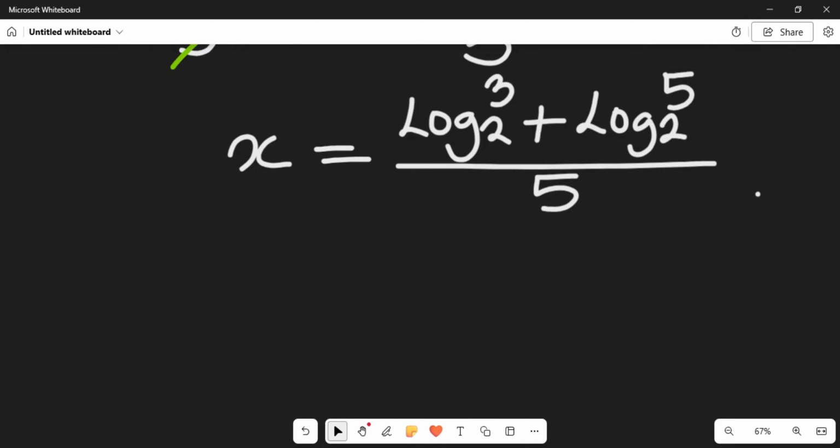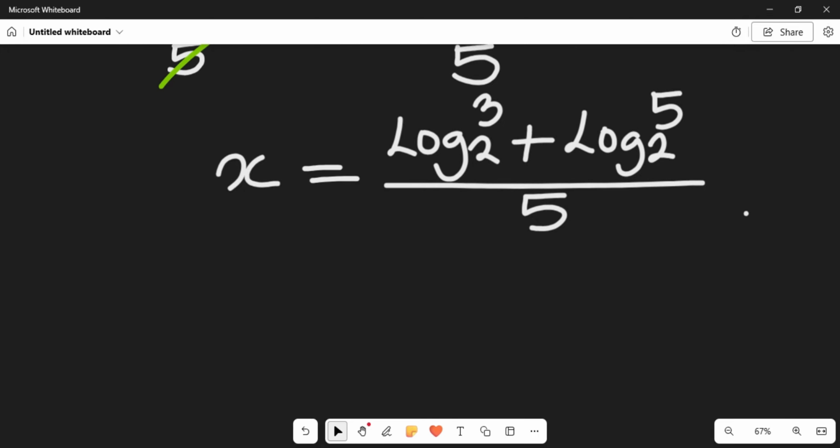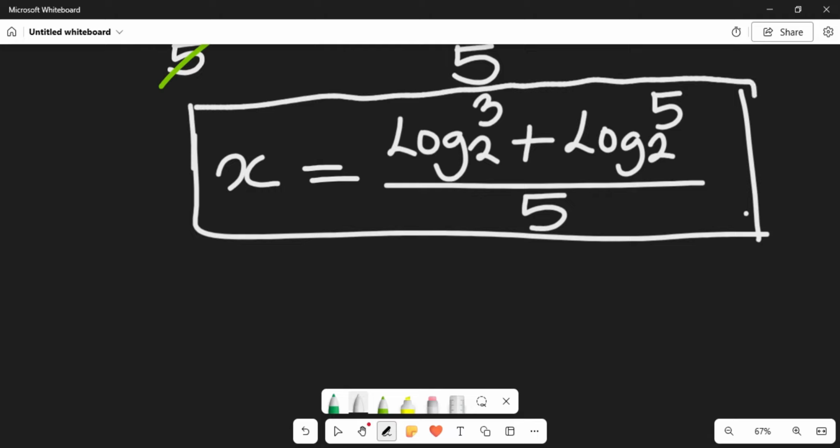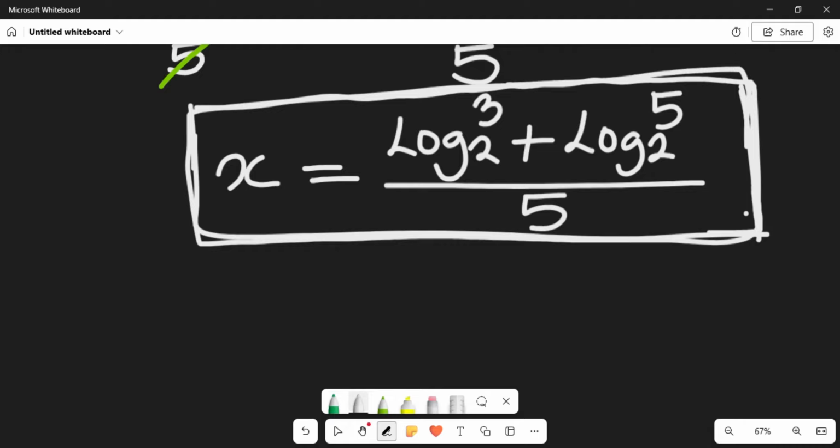Now, this expression is simply the solution. But then we can also easily check if our solution is actually correct. Because using this log solution, some might wonder, can this actually be the solution to this question?